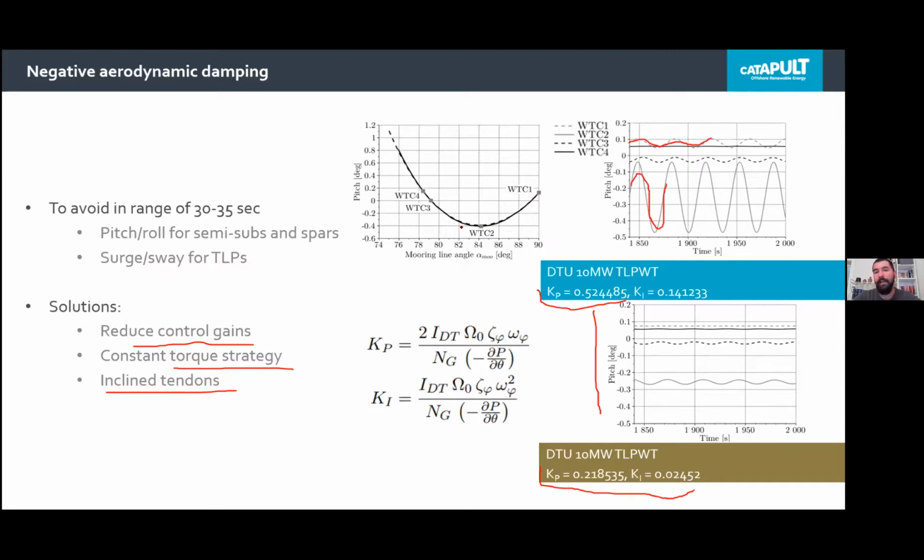But as I increase the inclination angle of the tendons, well, I end up with a lower oscillation or even no oscillation at all, because I'm increasing the stiffness of the mooring lines on the horizontal plane. So there is a number of different answers to this effect, but it's an effect that needs to be considered during the design phase nonetheless.